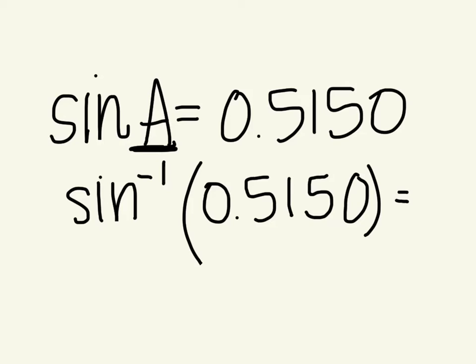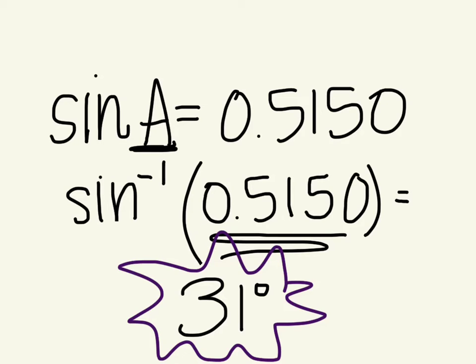In my calculator, I would type in second sine, and in parentheses, I would write this ratio as a decimal. I don't know what the ratio is, but whatever it was is equivalent to that decimal value. When I press this into my calculator, I end up with 31 degrees. So the sine of 31 degrees equals the ratio as a decimal 0.5150.